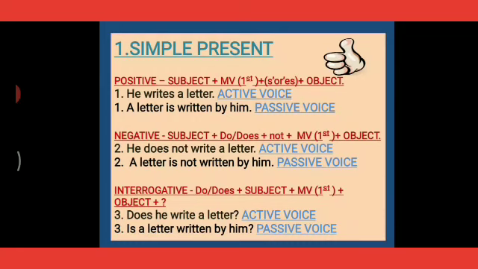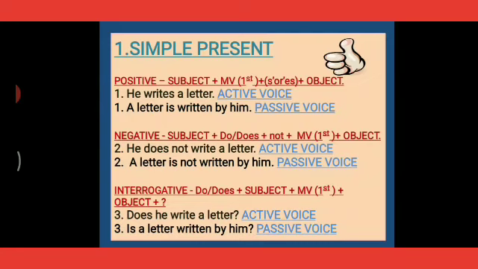So look over here, this is a very important tense. Just remember this thing, that if you are getting a sentence with do, does, and you have to convert it into passive voice, what we will do is just put is, am, are plus third form. According to negative, you will make changes. According to interrogative, you have to make changes, and according to positive, there are different changes.